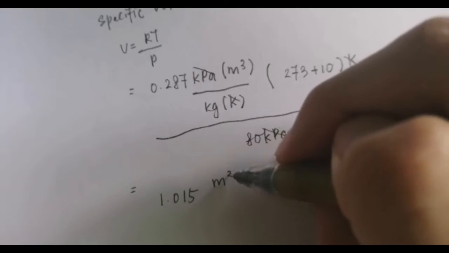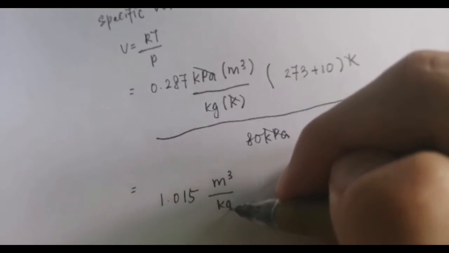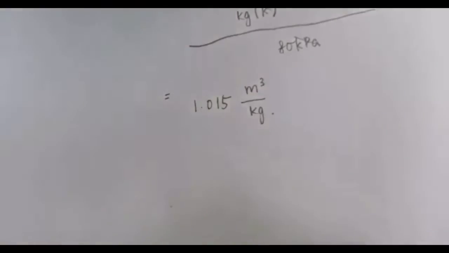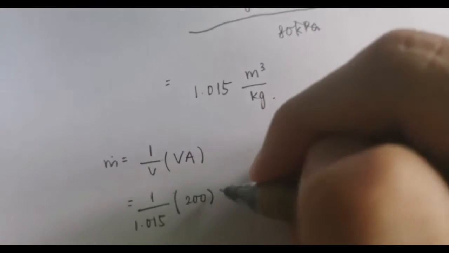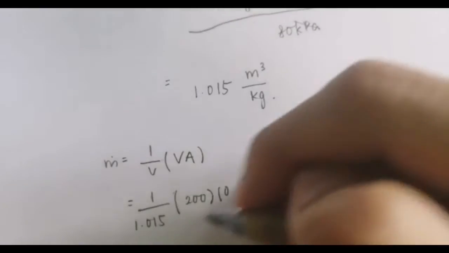Therefore, we are left with only meter cubed per kilogram. After we get the value of specific volume, we can find the value of mass flow rate, which is 1 over specific volume multiplied by velocity and area. 1 over 1.015 multiplied by 200 multiplied by 0.4.